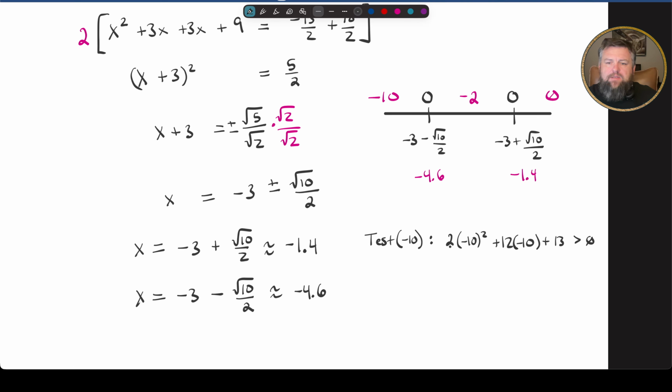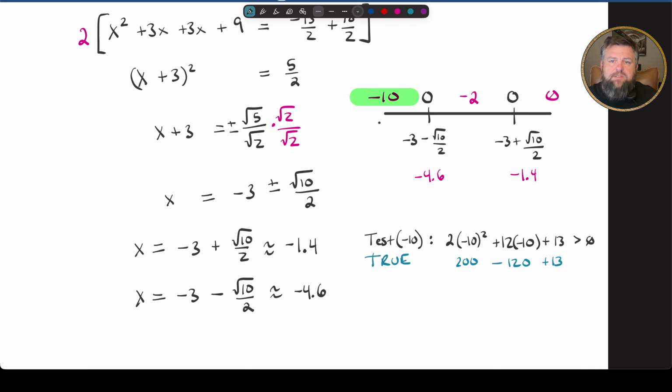Okay, well, we get 200 here, plus -120 plus 13. So I could say, well, 200 minus 120, that's 80 that we're adding. So we're still going to be more than 0, so that is going to be true. So I know that I'm definitely shading to the left.